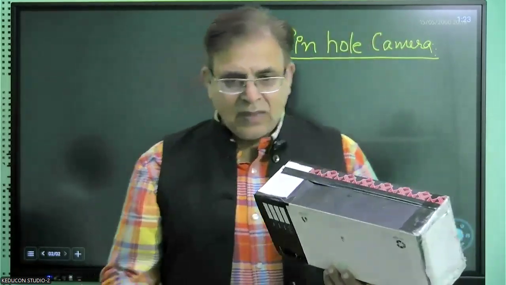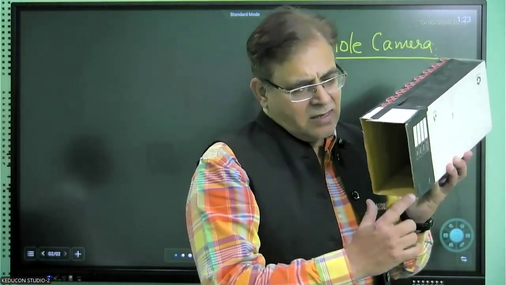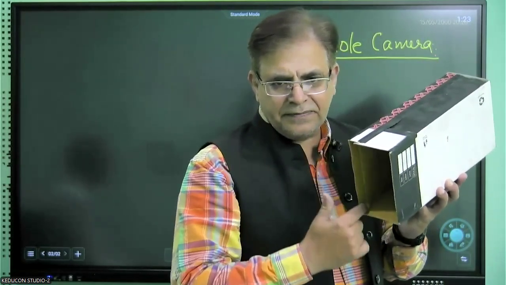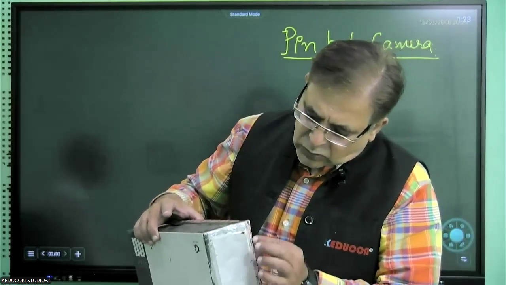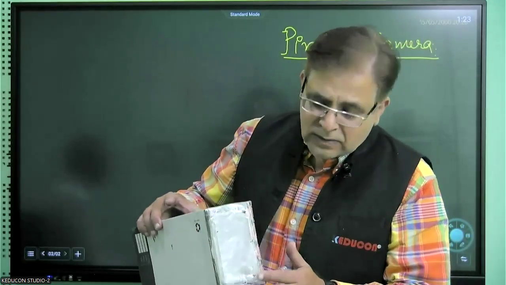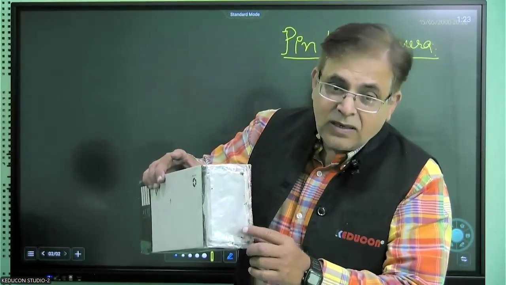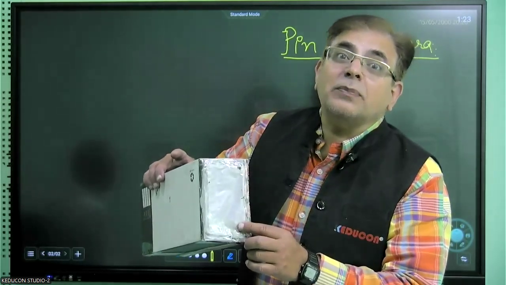Look here. One box is taken and this portion of the box is removed. On the other side, we also remove this particular space, but here we paste the trace paper. You can also call it butter paper.